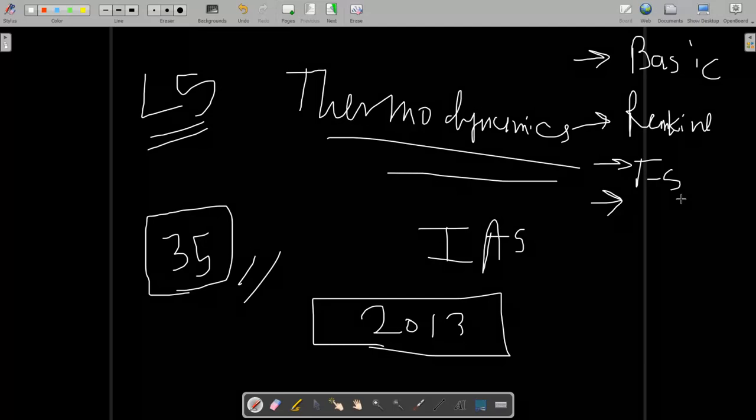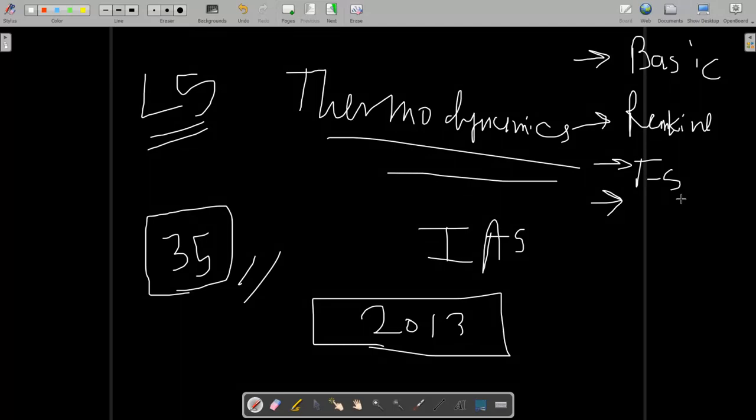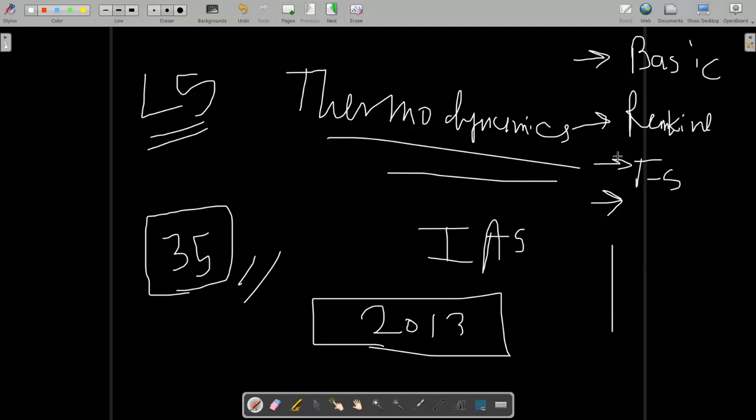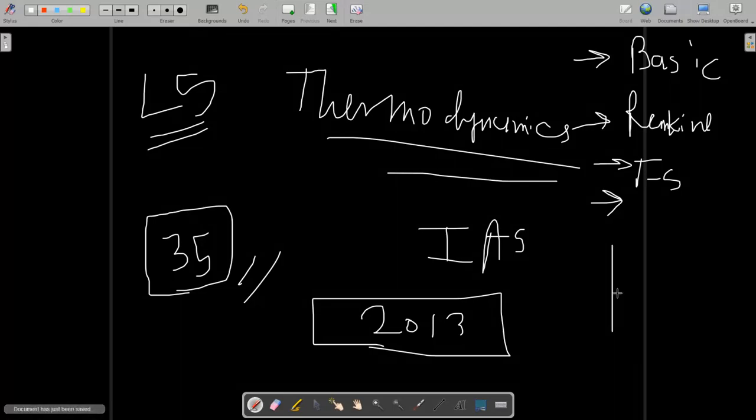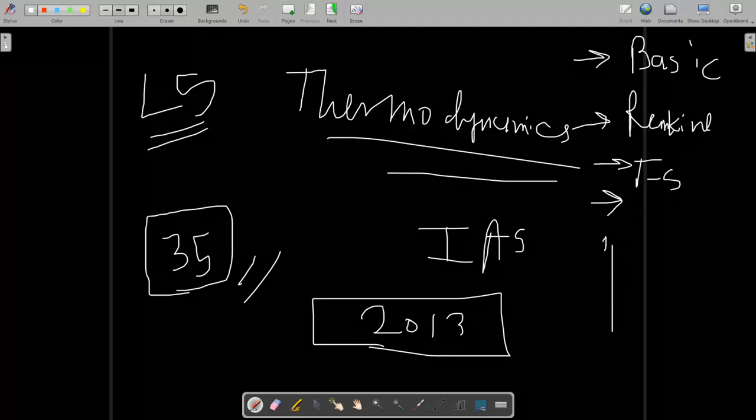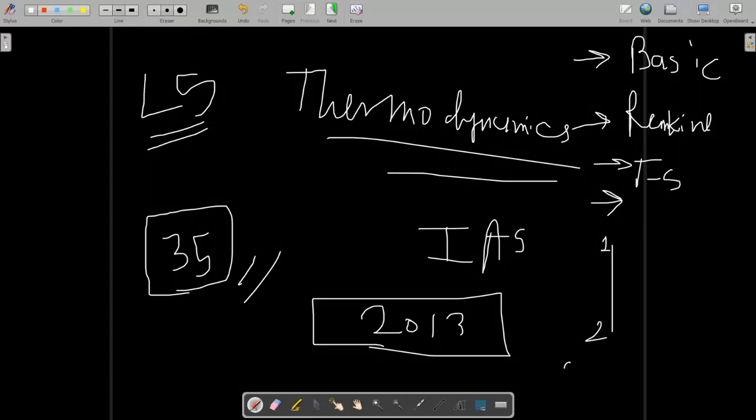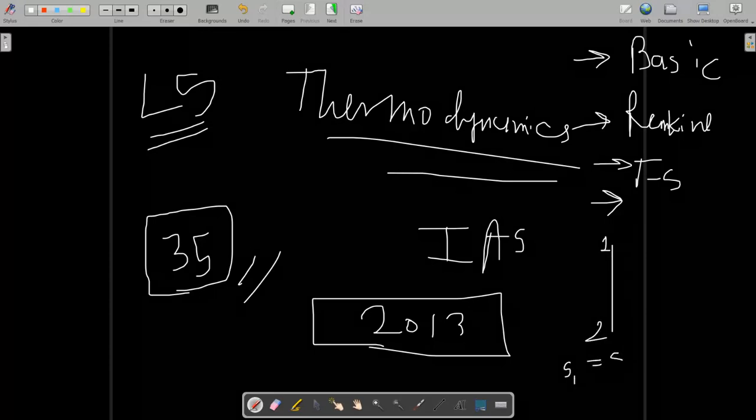And how the enthalpy and entropy relation can be derived. Like if there is an isentropic process, in the TS diagram there is a vertical line. So how can we use the entropy equation? If this is state 1 and this is state 2, how can we write an entropy balance, and from that how can we find the properties?